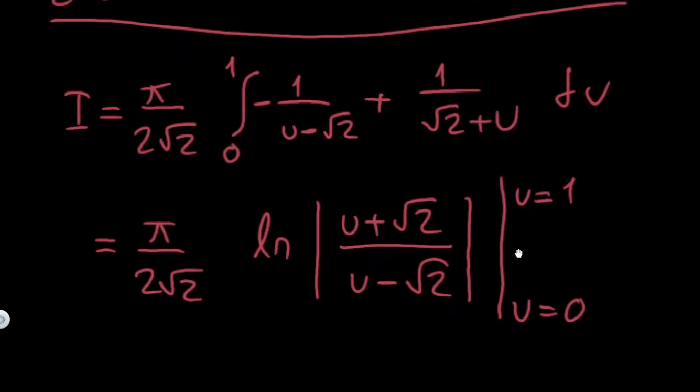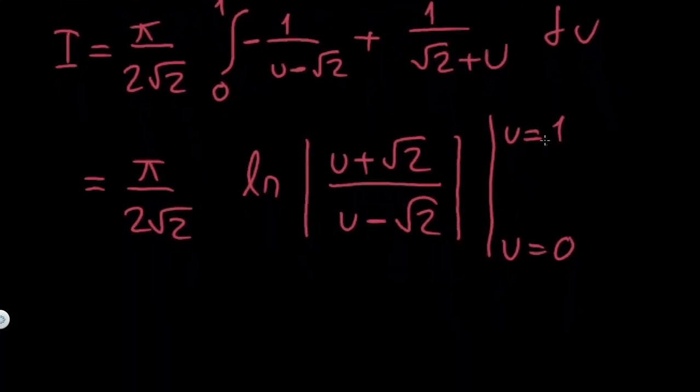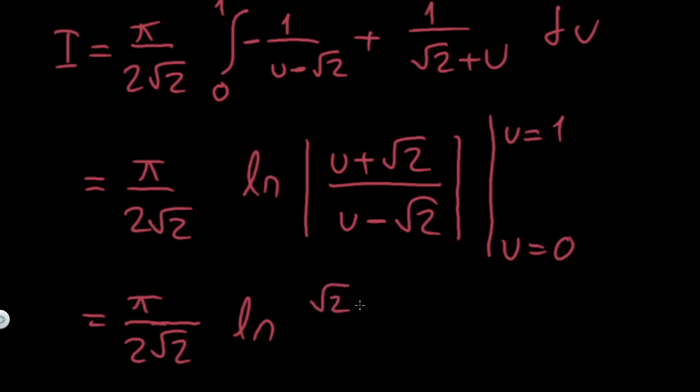So I can just substitute this in. If I put u equal to 1, I will get ln of 1 plus square root of 2 at the top. And at the bottom, I will have 1 minus square root of 2, but this is negative. And I'm saying this is going to be positive, so it will be multiplied by minus the bottom part.